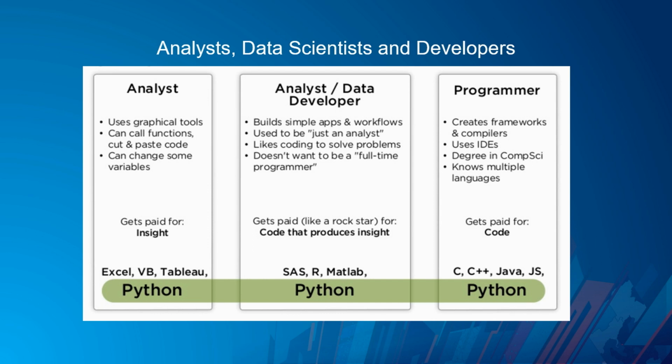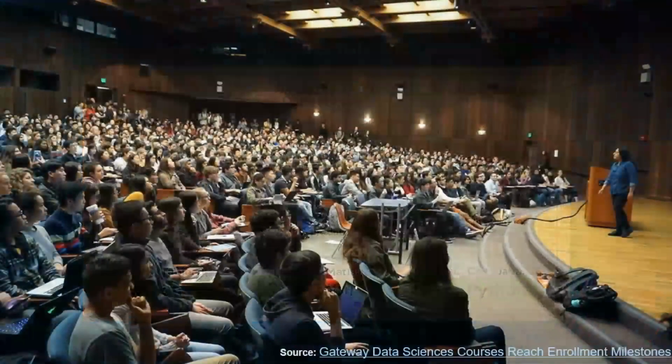An analyst gets paid for doing insights, and the data developer gets paid to code that produces the insights that the analyst uses, and then the programmer actually just does code. And above that line, you see some of the languages or products that they might be using to do it. But you can also use Python across the board to do all this. And the Python API helps you do some of these tasks.